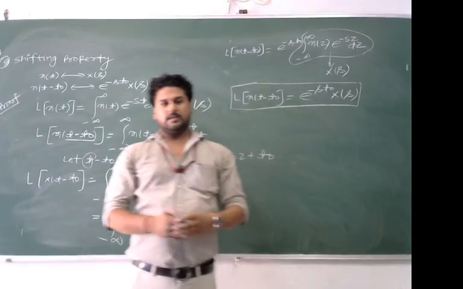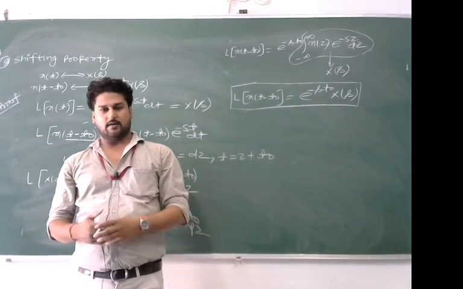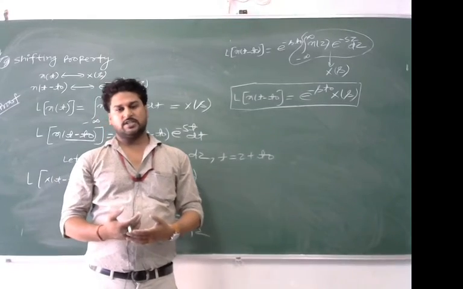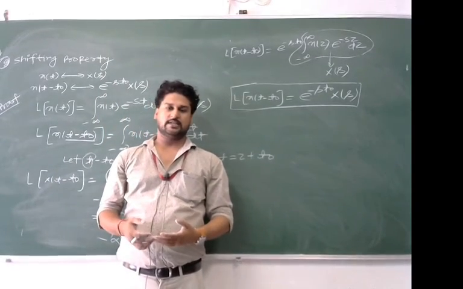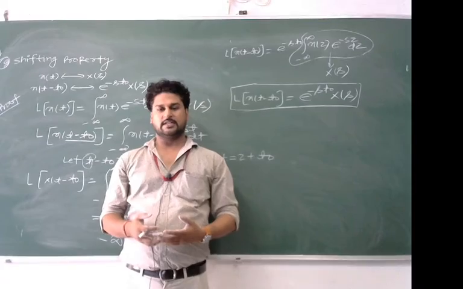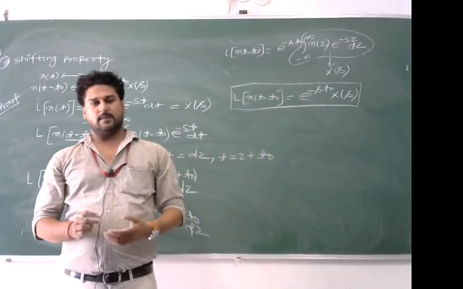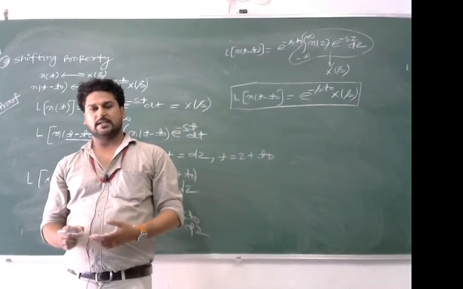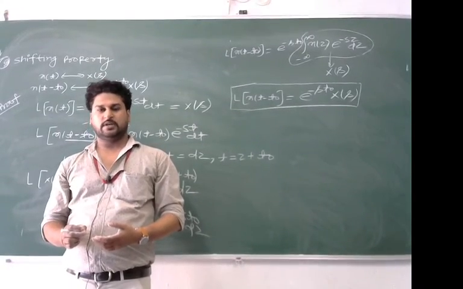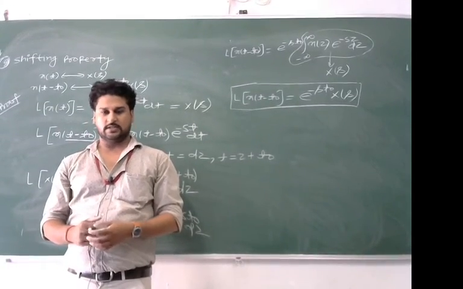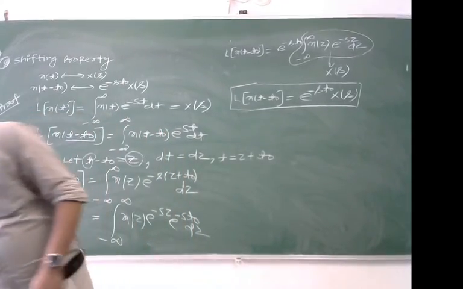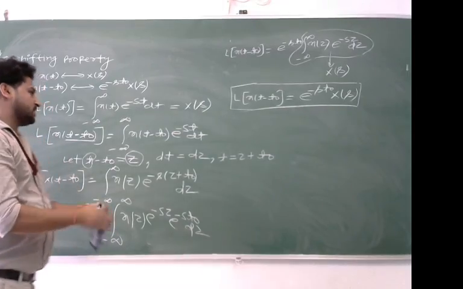Means if the Laplace transform of x of t is known to us, then we can find the Laplace transform of x of t minus t naught without any calculation. We have to just multiply the signal in s domain with e power minus s t naught, and this is what the time shifting property of the Laplace transform states.